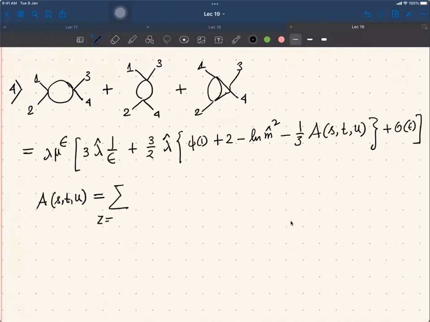the sum over Z equals S, T, U of 1 plus 4m square over Z to the power half log.